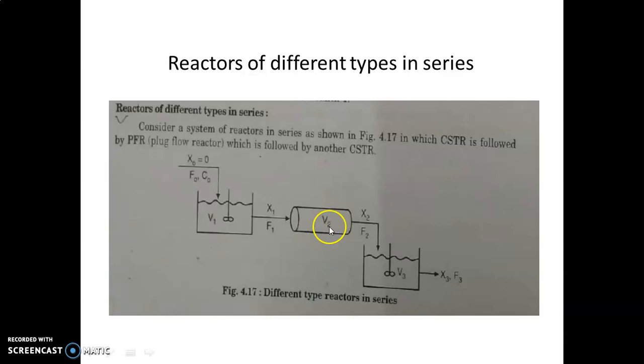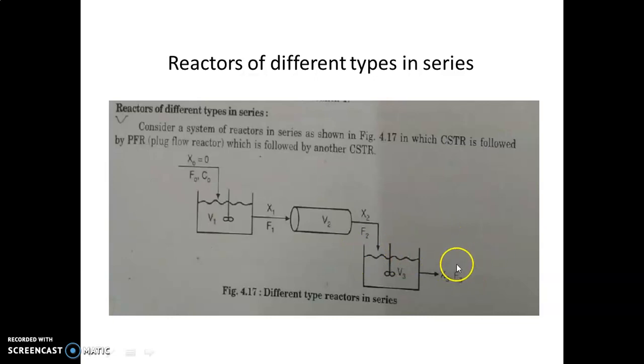After the reaction takes place in this reactor, we obtain the conversion X2 and the molar flow rate F2, and again this stream is fed to another CSTR, which has volume V3, and after the reaction takes place, the conversion achieved is X3 and the molar flow rate is F3.